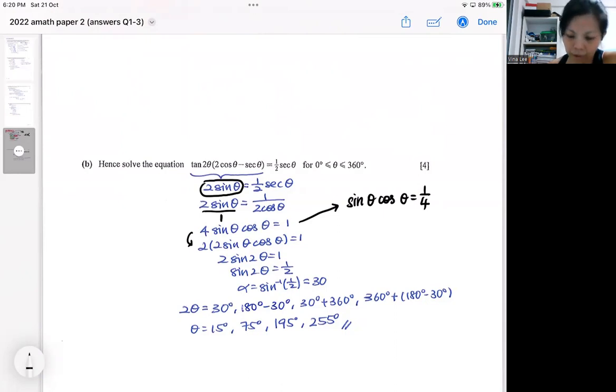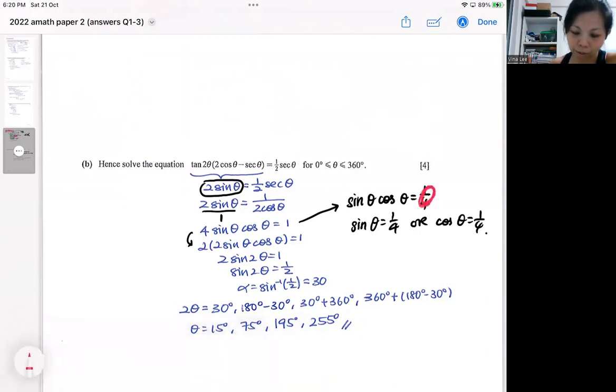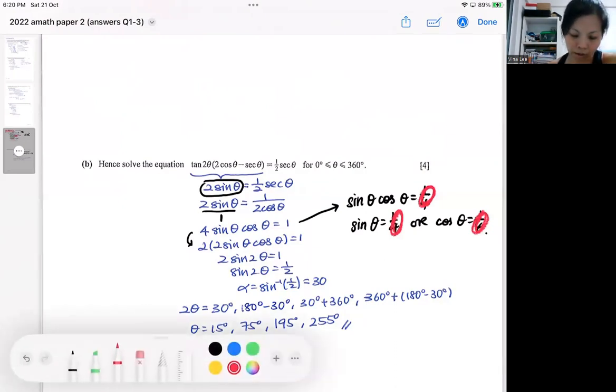Okay, so some students will just do some weird thing like sine theta equal to 1/4 or cosine theta equal to 1/4, which doesn't make sense. So this kind of this equal to some this is only applicable if it's a 0. So if it's a 0, okay, then it's workable.